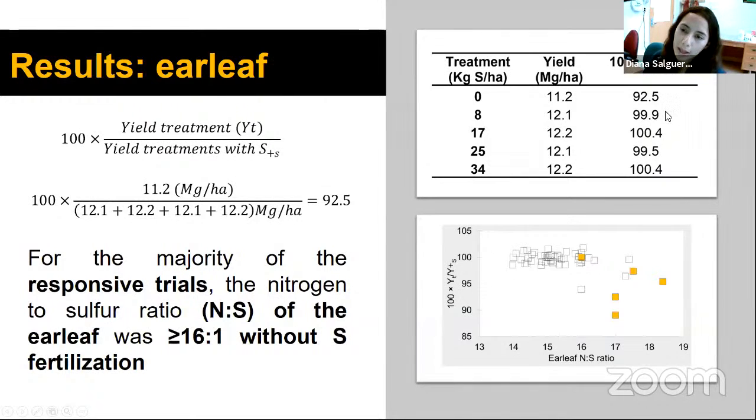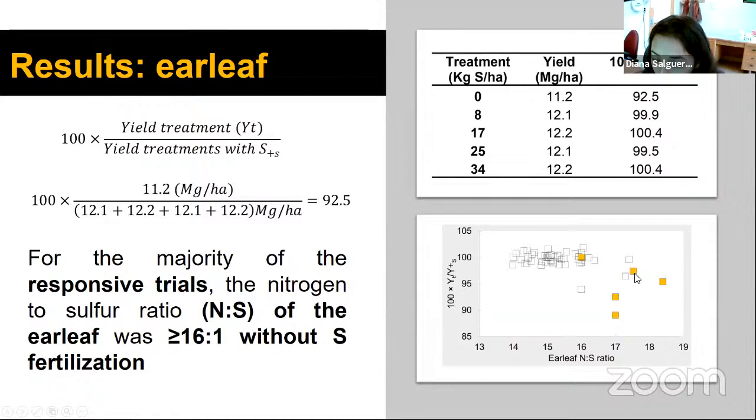That is what I use for my y-axis. Now in my x-axis, I have my earleaf nitrogen to sulfur ratio. And the solid symbols represent the locations where we saw a significant increase in yield with sulfur application.